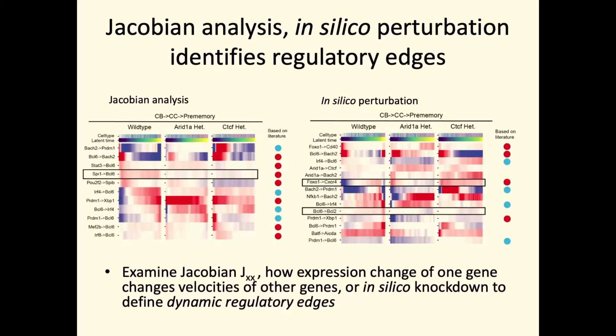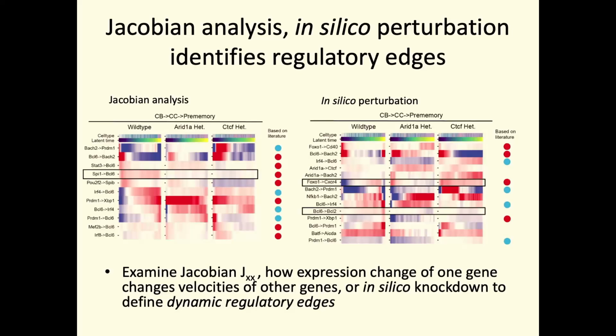So if we have a transcription factor, we can set it to its minimum expression value and its minimum motif accessibility across all genes and see how all the other velocities change, okay? And that gives us edges in a regulatory network, like this transcription factor affects this gene, okay? And those edges are dynamic along pseudotime.